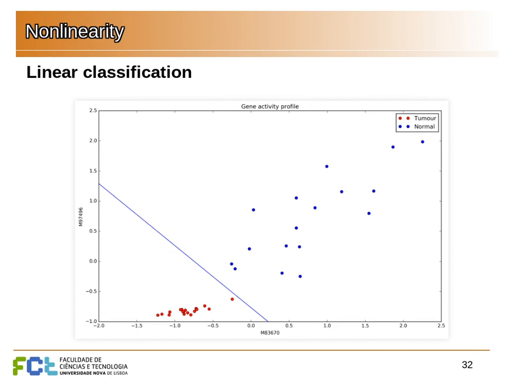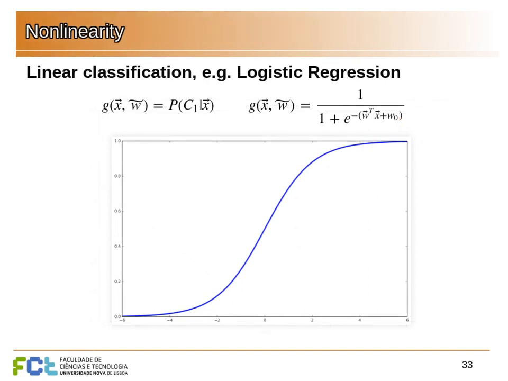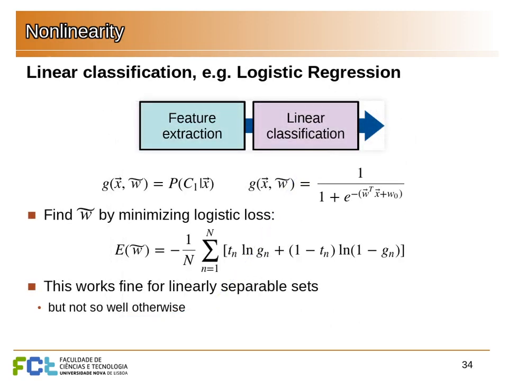However, this line will be straight because we are using only a linear combination of the inputs into this function. So basically, we are picking the features that we want, we apply this linear classification, and we find these weights for the classifier by minimizing this logistic loss, and this is logistic regression.